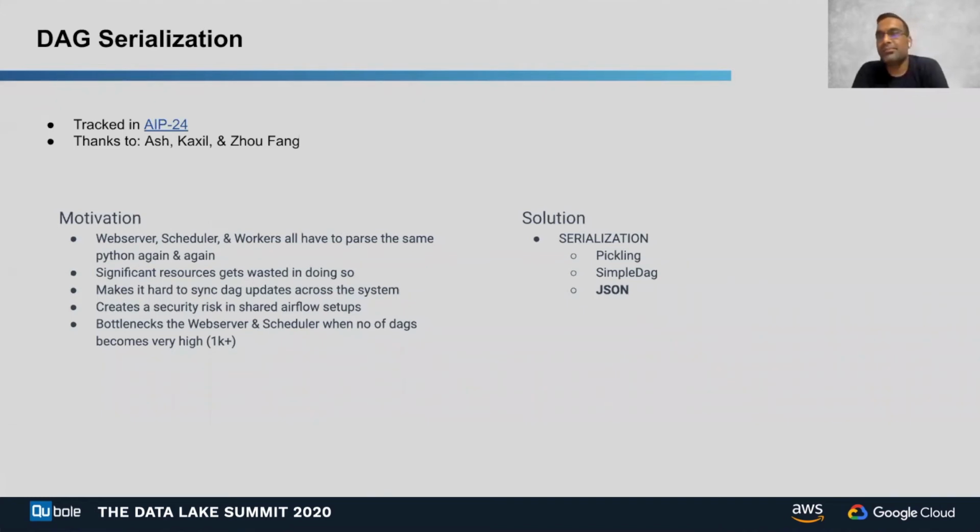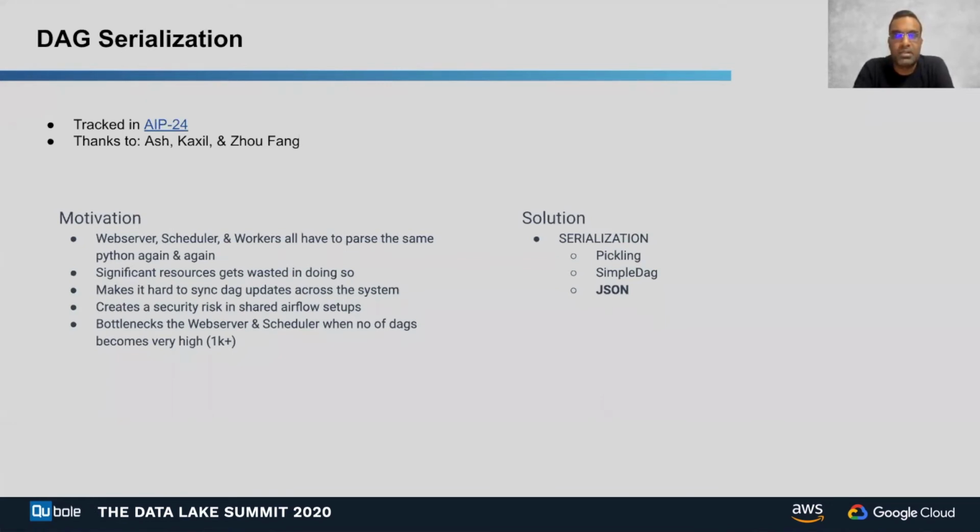It also creates a very big security risk in shared Airflow environments. All the big organizations try to run one big Airflow setup where all their employees can schedule DAGs. But because each and every component parses the Python files, I can write some code which can read from the database and maybe get access to something which I should not.